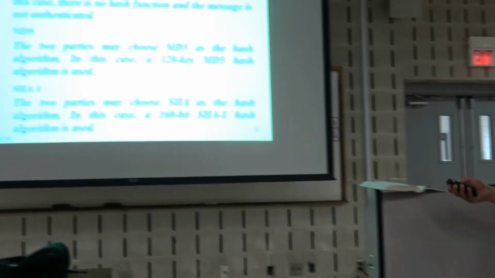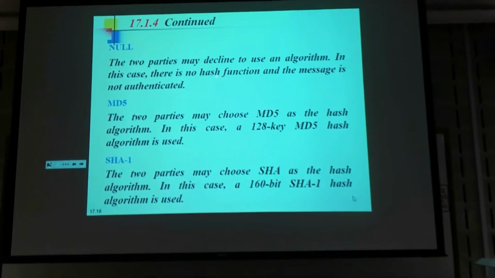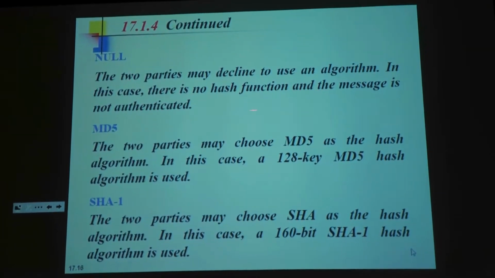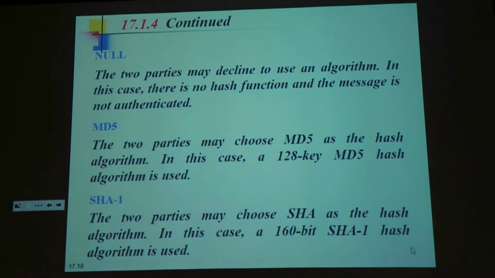For null, the two parties may decline to use an algorithm. In this case, there is no hash function and the message is not authenticated. So we don't care about authenticating the message. Or we could use MD5. The two parties may choose MD5 as the hash algorithm. In this case, the 128-bit MD5 hash algorithm is used. Not very secure, it's only 128 bits.